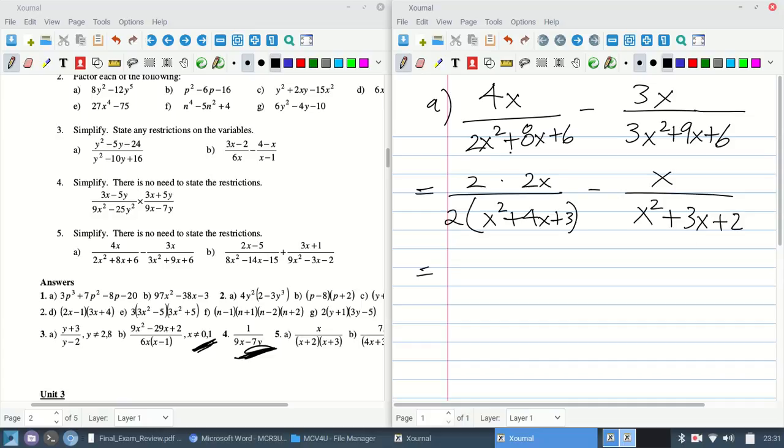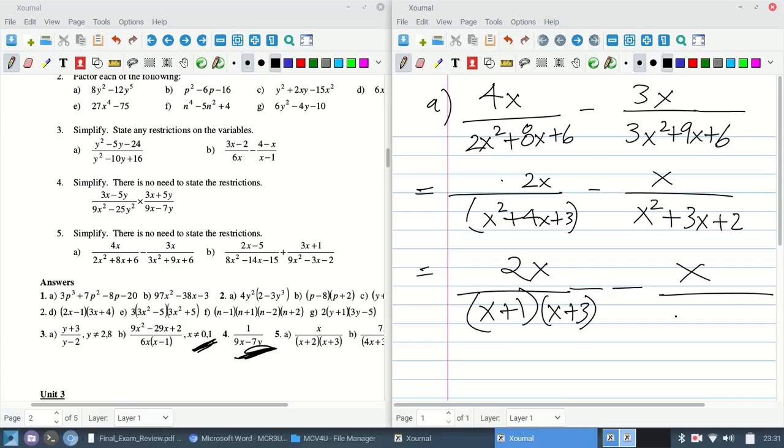Now the 2's will cancel each other, so boom, boom, and this is what I got left. So let's factor this. So the bottom on the left will be x plus 1 and x plus 3. And we've got 2x, and then here I've got x plus 1 and x plus 2.